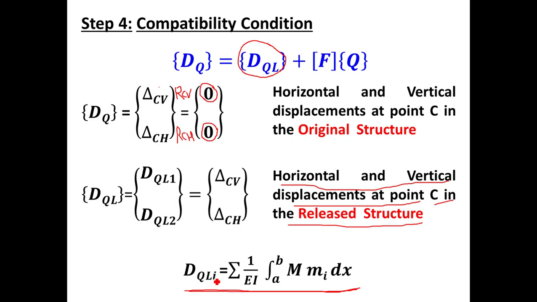So dql i, where i is either 1 or 2, is equal to the integration over the limits of capital M into mi. If you are calculating dql1, this small mi becomes m1. If you are calculating dql2, this becomes M into m2. Like this you have to apply the integral formula. Now we will calculate the elements of the DQL matrix.